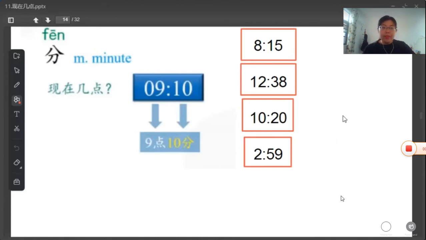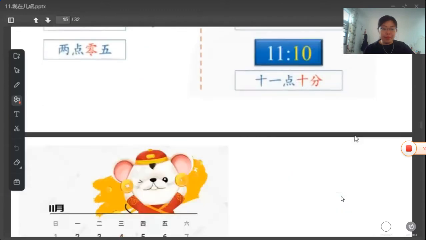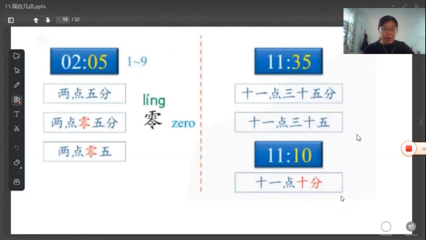Okay, this is how to describe the time. We use 点 and 分. And we mentioned that we have many methods to describe it, especially like this example, 2点05 or 2点05分, or omit 分.